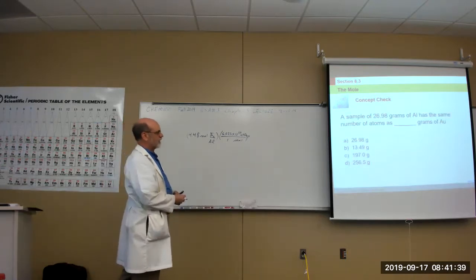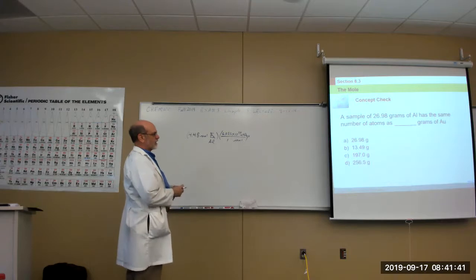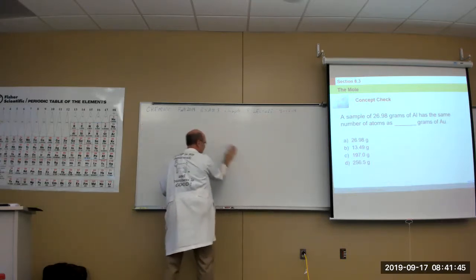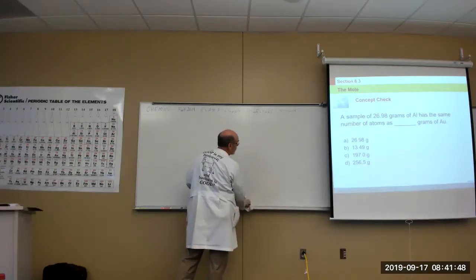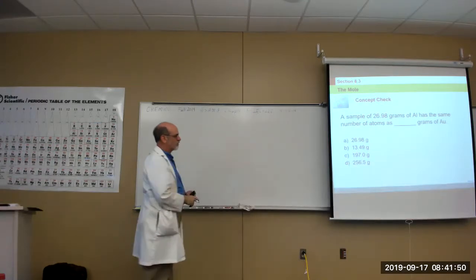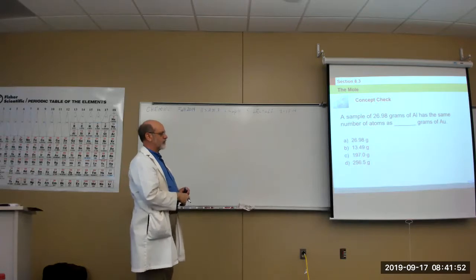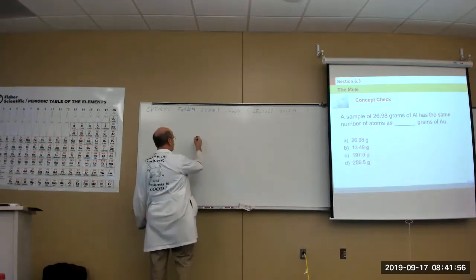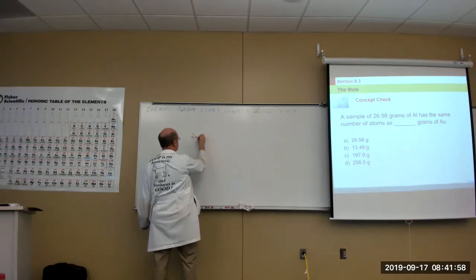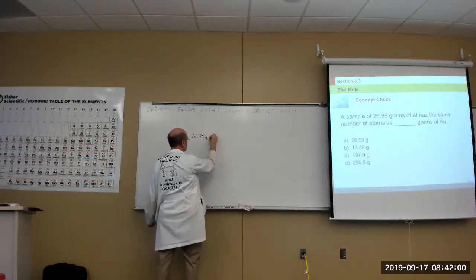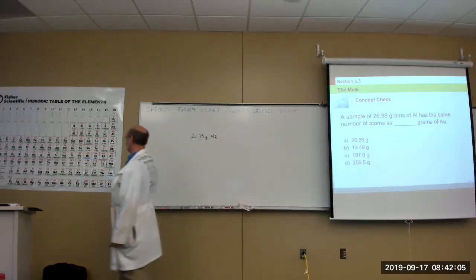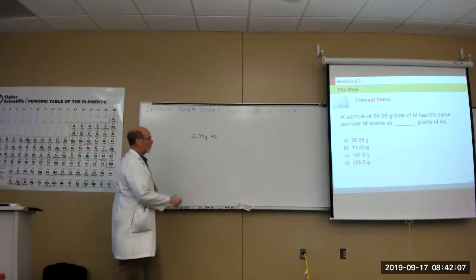Okay. Now this one just takes a little bit more thought. A sample of 26.98 grams of aluminum has the same number of atoms as how many grams of gold? Well, it's kind of a trick question. 26.98 grams of aluminum. Is that a mole? That's my first question. Yep, that's equal to 1 mole, right?